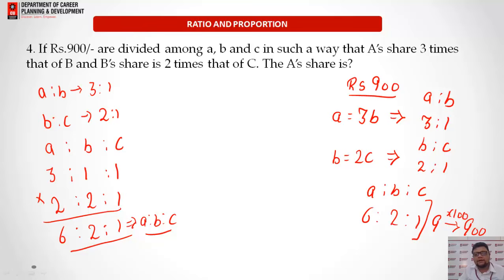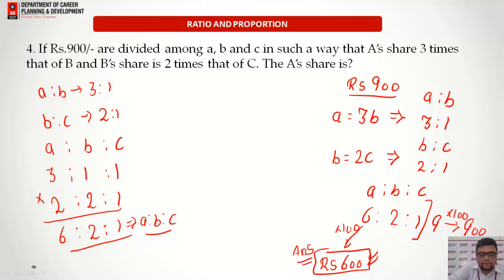Multiply this by 100. So the share of A, multiply this by 100. The share of A is rupees 600. So 600 will be the answer, which is the share of A. Okay.